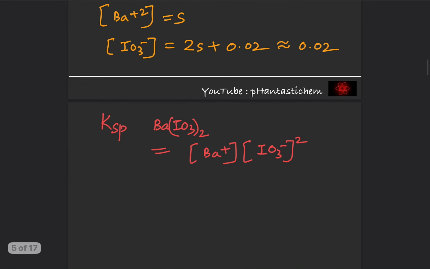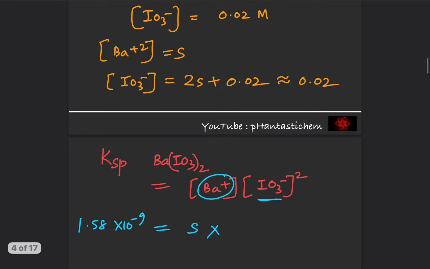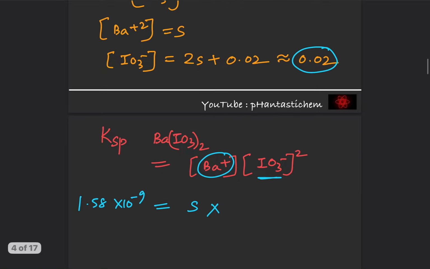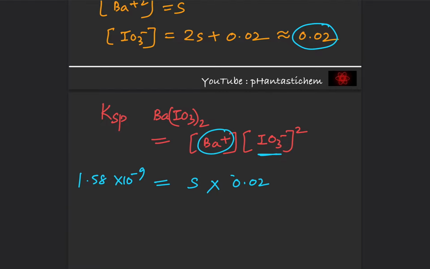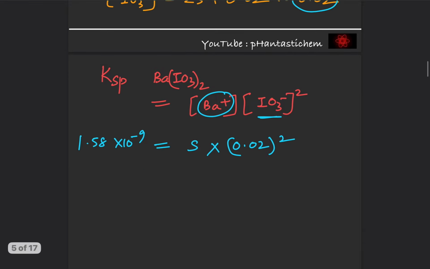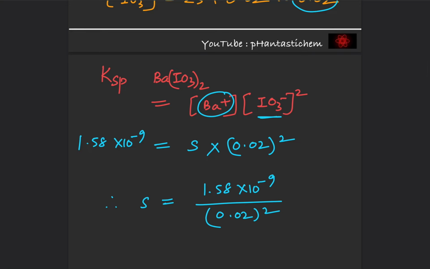Ksp is given to us in the question as 1.58 into 10 to the power minus 9, and Ba plus 2 we know is S, and IO3 minus concentration we just calculated is 0.02. So 0.02 whole square. So S will be equal to 1.58 into 10 to the power minus 9 divided by 0.02 whole square.